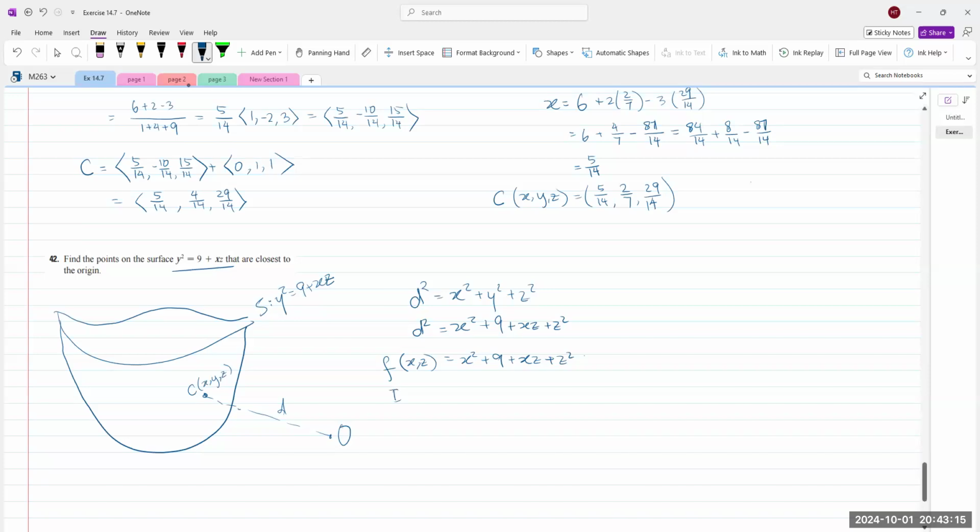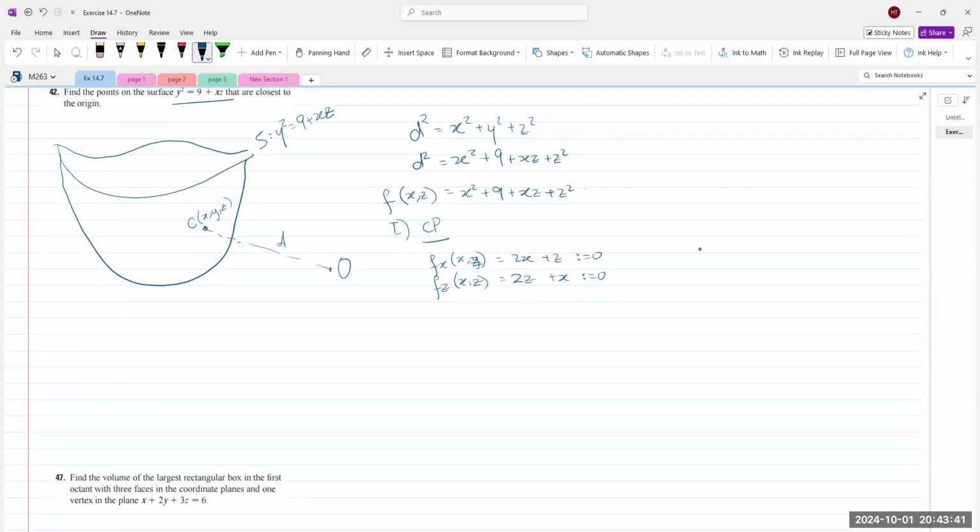Okay, so for the critical points, f sub x will be 2x plus z, which we set equal to 0. f sub z of x, z will be 2z plus x. We also set it equal to 0. So z equals negative 2x and x equals negative 2z. How about substituting?